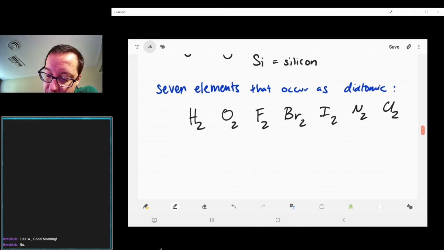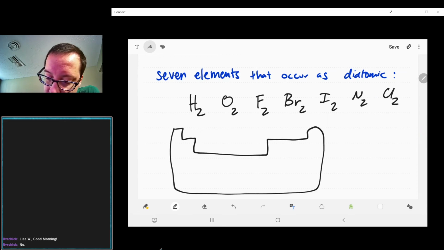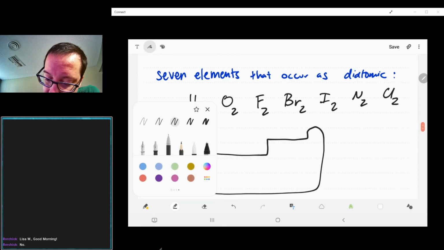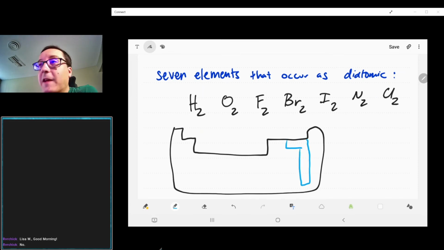A couple ways to memorize these. If we look at where they are on the periodic table, here's my lovely periodic table. There are 7 of them, and they form a 7 on the periodic table. So you've got nitrogen here, oxygen, fluorine, chlorine, bromine, and iodine.